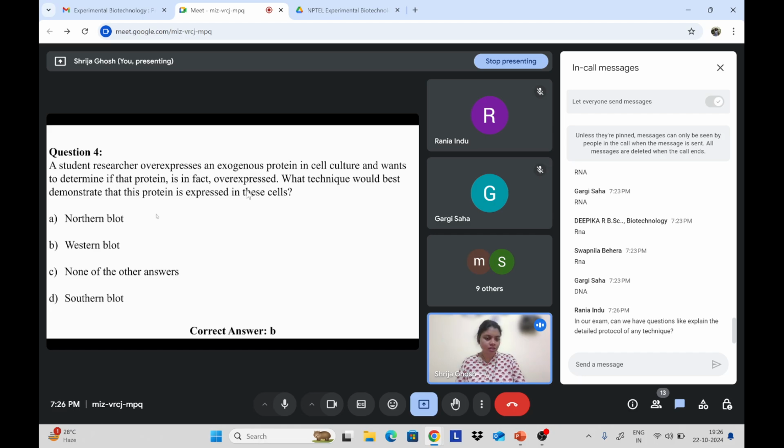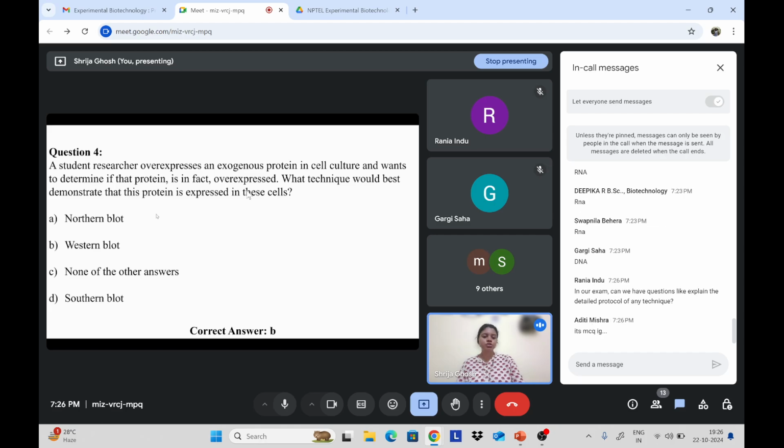In our exam, can we have questions like explain the detailed protocol? I'm not sure about the exam pattern. You can ask in the doubt clearing session, so the NPTEL team will be able to clarify these doubts. If you have any kind of forum where you can ask these questions, you can ask.